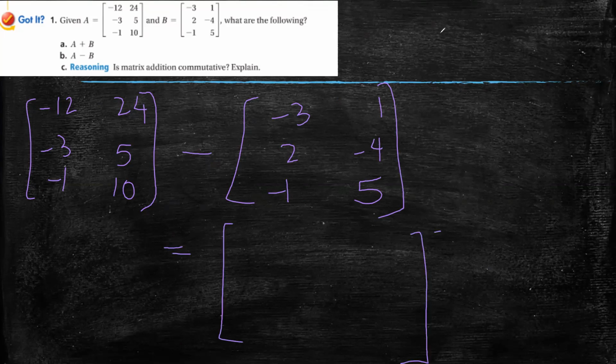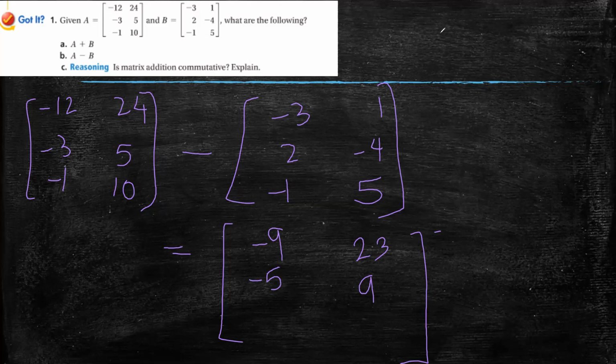As we did before. Negative 12 minus negative 3 is negative 12 plus 3, which is negative 9. 24 minus 1 is 23. Negative 3 minus 2 is negative 5. 5 minus negative 4, which is 5 plus 4, which is 9.